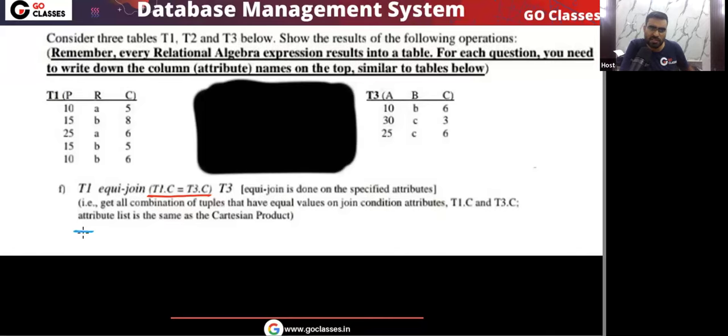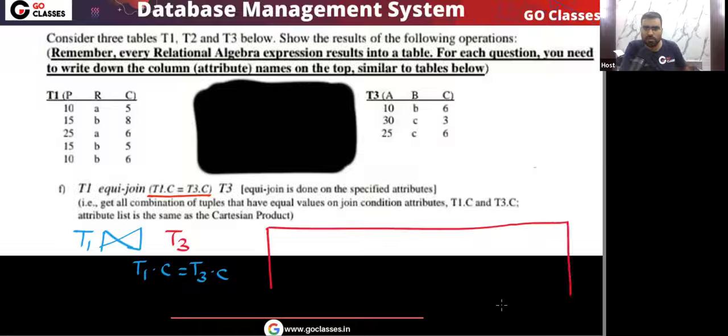T1 eq join T3, where T1.C should be equal to T3.C. The schema will be like this: T1.C, A, B, T3.C. So this will be the schema.